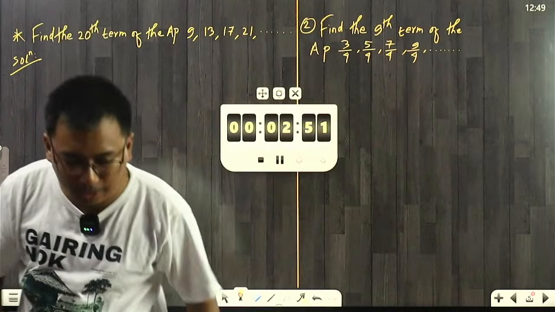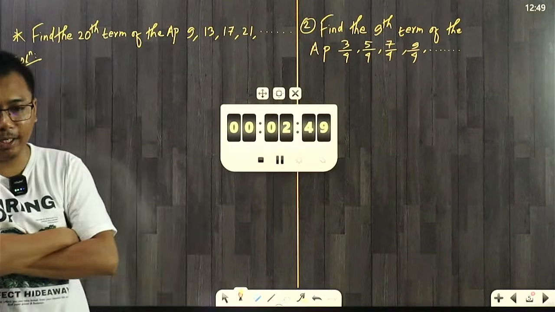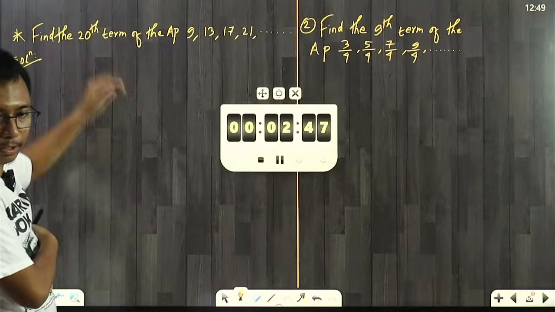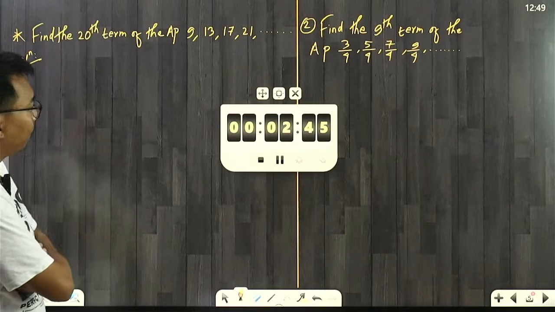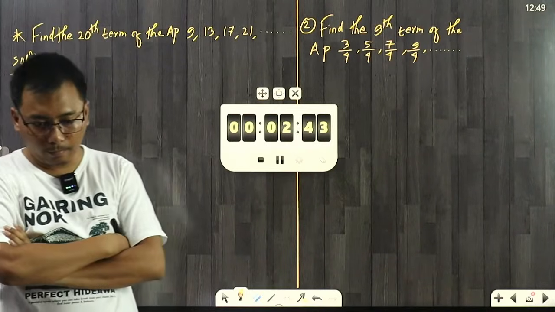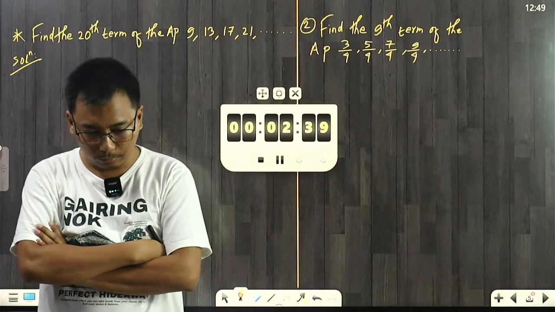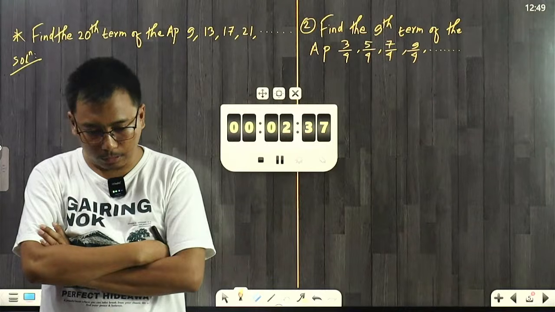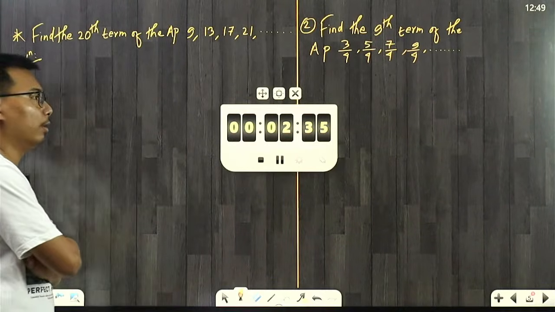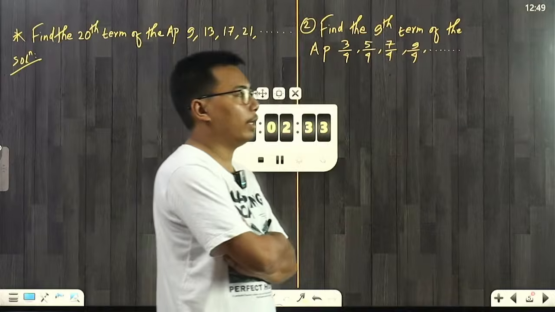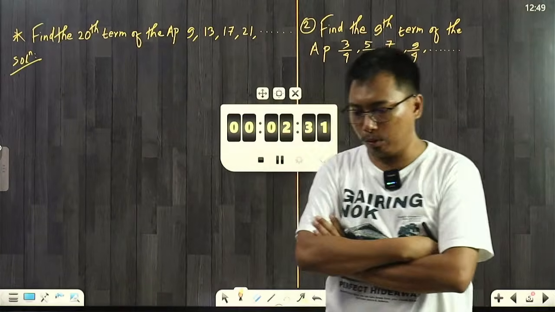I want the answer in the chat. Our question number 1, the 20th term of the AP. Come on. I'm waiting for the answer. Let's see who can answer first.